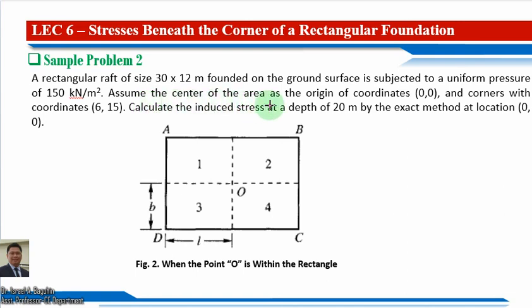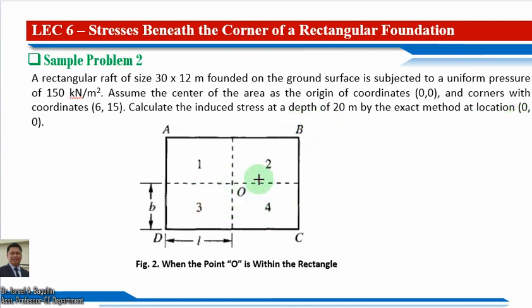Assume the center of the area as the origin of coordinates 0, 0 and corners with coordinates 6 and 15. So calculate the induced stress at a depth of 20 meters, which is our Z, by the exact method at location 0 and 0 coordinates.